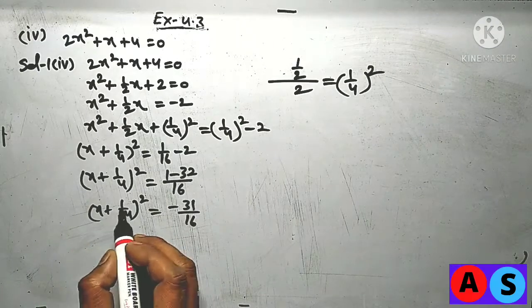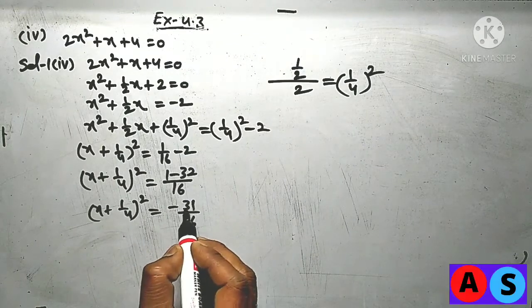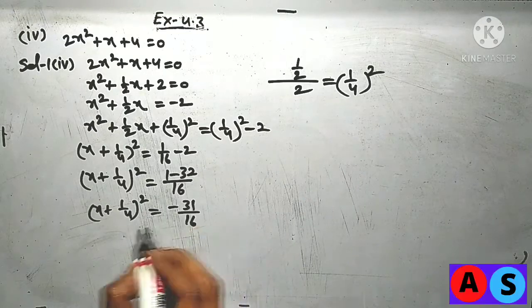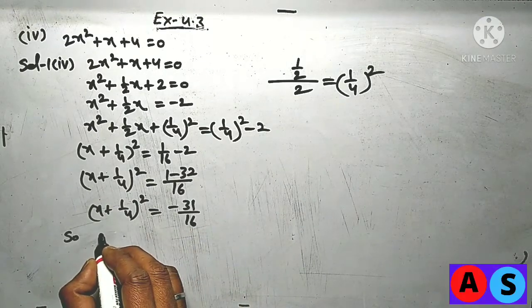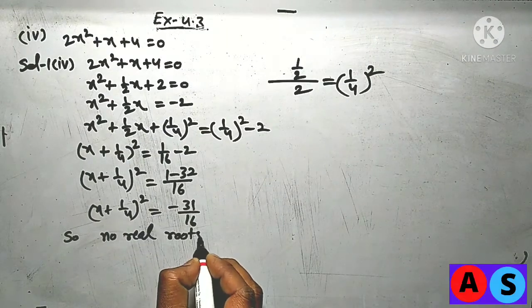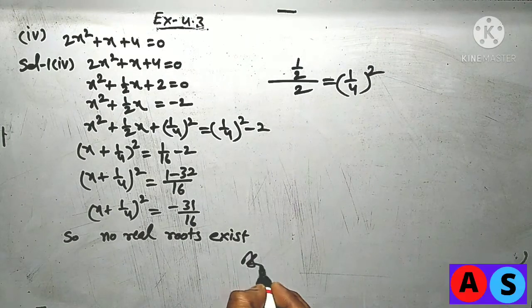Students, you see that the square of this expression has a negative value which is not possible, because the square of any number can't be negative. So no real roots exist. Answer.